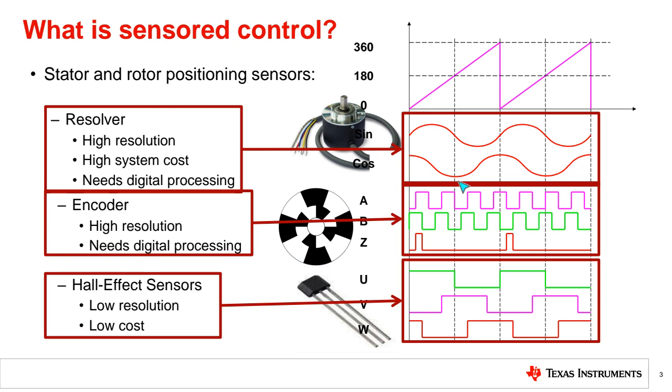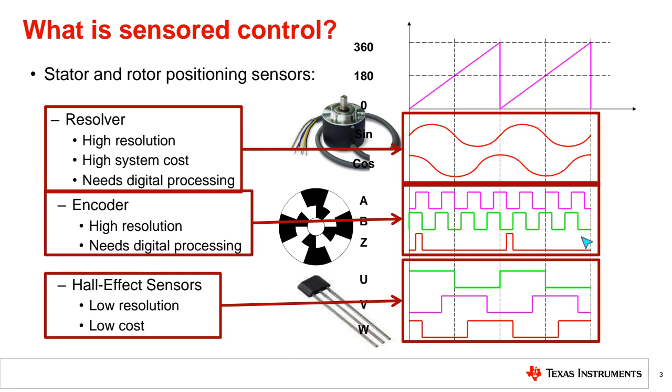Second one, encoder. These are encoder signals. A, green one is B, and these are Z. Encoder is either an optical or electromechanical device. It's attached to the shaft of your motor. Okay, we have lots of types of encoder. I said to you incremental and absolute.